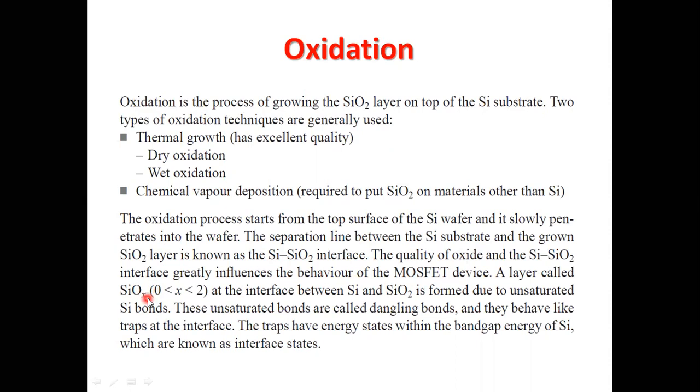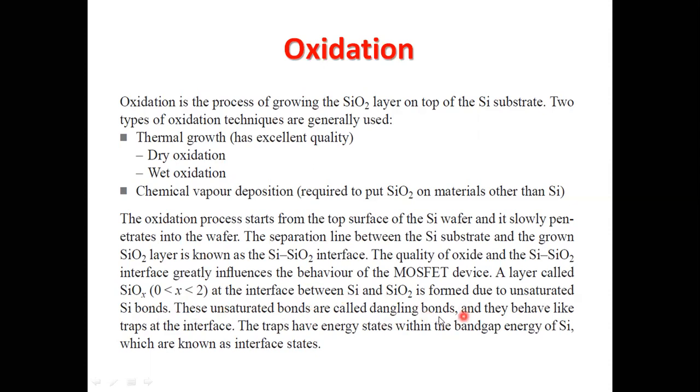This x means it ranges from 0 to 2. The SiOx at the interface between Si and SiO2 is formed due to unsaturated silicon bonds. These unsaturated silicon bonds are called dangling bonds. This word, dangling bonds, is very important.